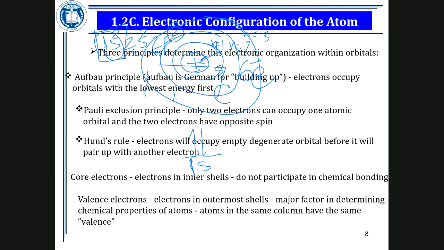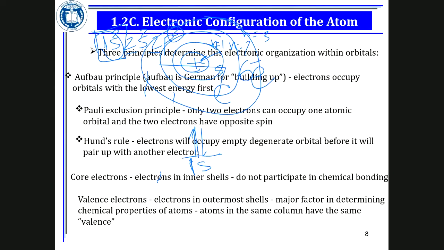So no 2 electrons can be placed in an orbital with the same quantum numbers. The quantum numbers are going to be different, or saying no 2 electrons are going to be the same. The electrons in the same orbital are going to spin in opposite directions. That's the second rule.